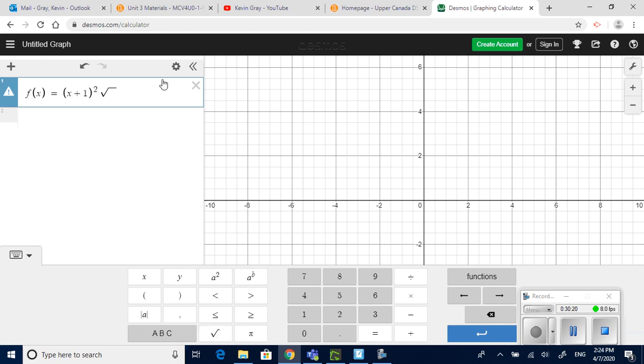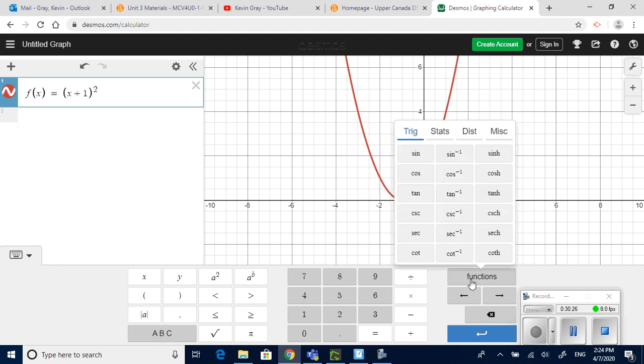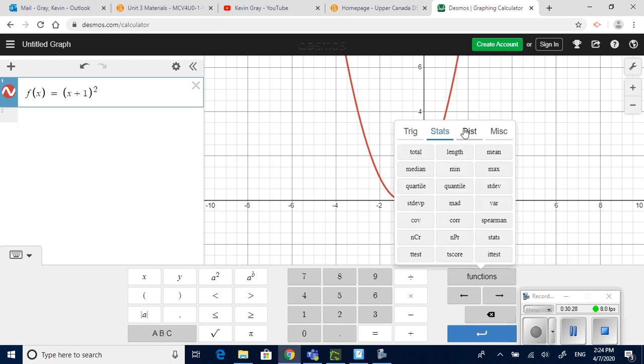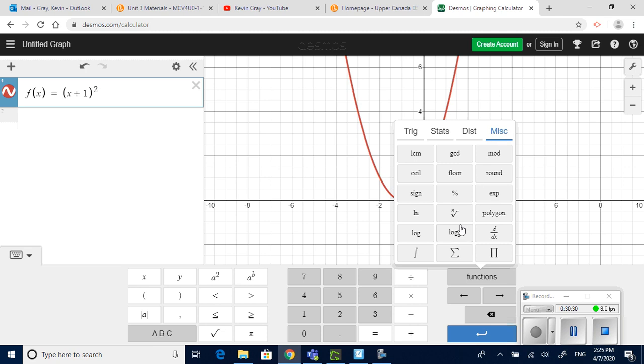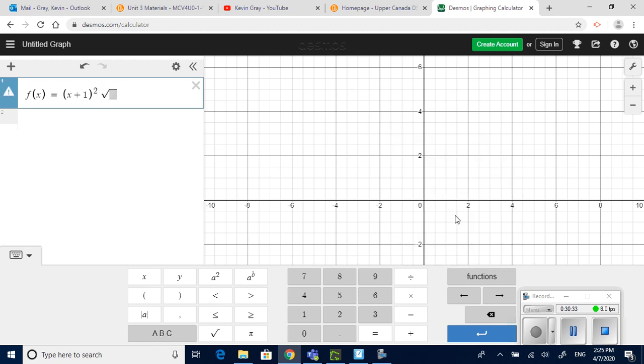Actually, no, I'm not going to do that. I'm going to show you guys how you can use this feature. I have to type in my index here, which is 3, and then I go underneath, and that's x minus 1, but I'm going to use brackets. Okay, so there's my original function.